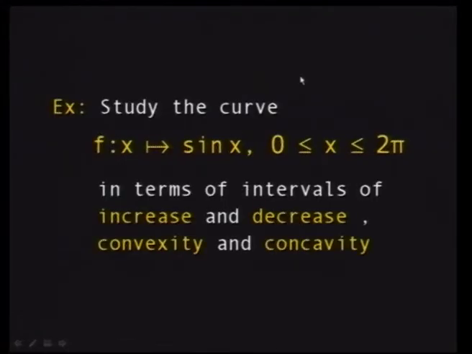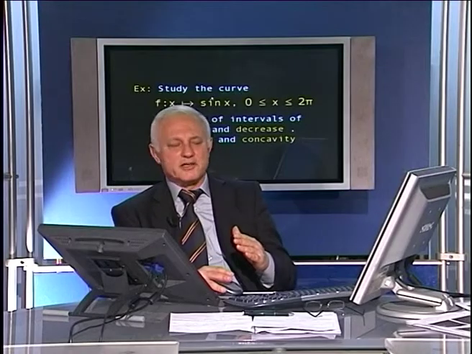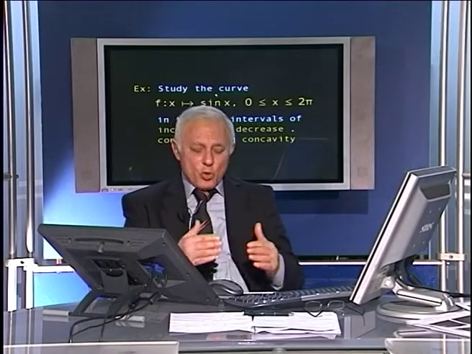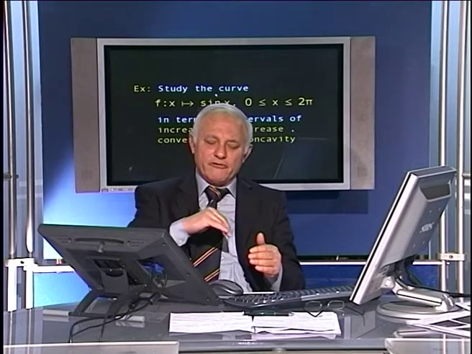For example, study the curve y equals sine x in the region from 0 to 2 pi. In terms of intervals of increase, decrease, convexity, and concavity, because the sine x curve is simple and we've seen it many times, we want to know the intervals where the function increases or decreases, the intervals at which the derivative is positive. When the derivative is positive, the function increases.